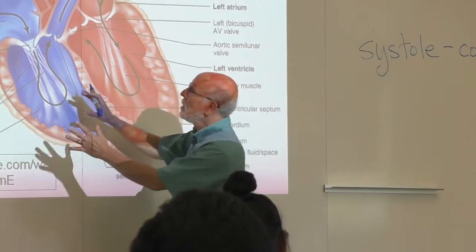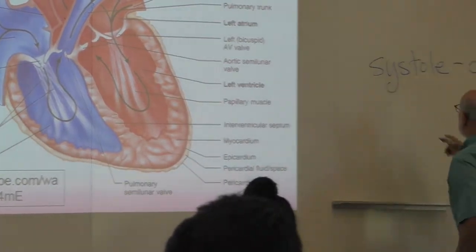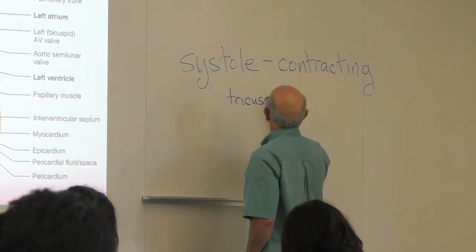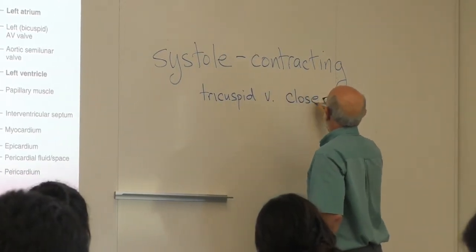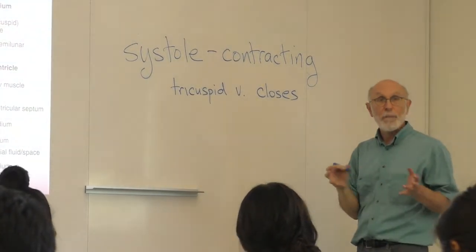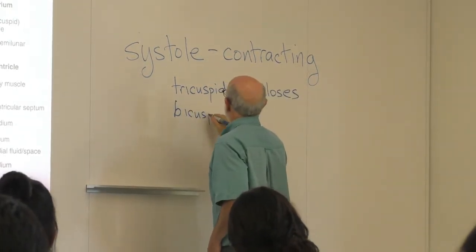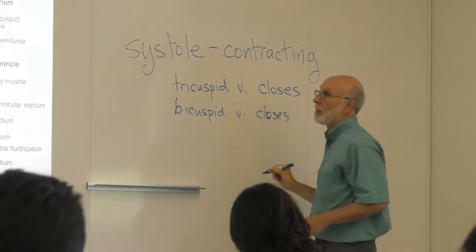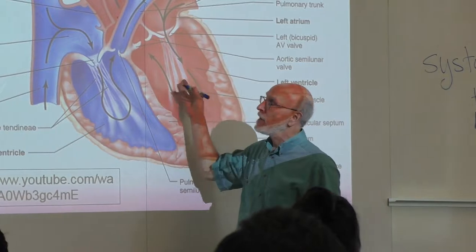On the right side, the blood that's in the ventricles now is squeezed, and the tricuspid valve closes because of that pressure that is built up by the contraction, and the bicuspid valve closes. So the blood doesn't regurgitate from the ventricles into the atria.